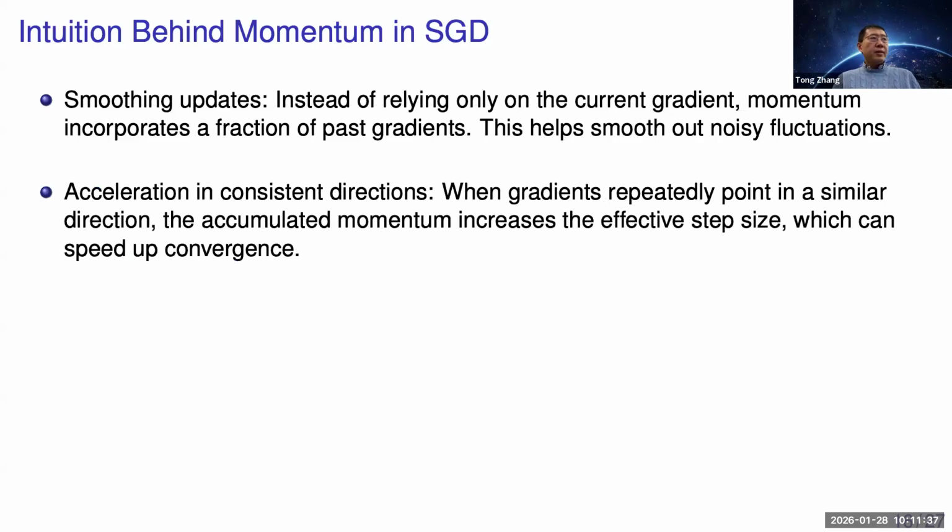The other thing, which is actually what happens in the proof, is a more consistent direction. In linear algebra, there is something called conjugate gradient with the same flavor.